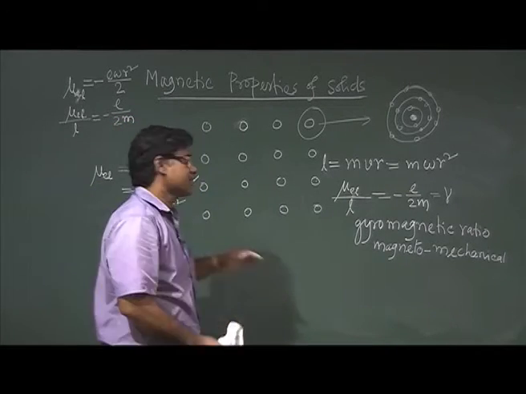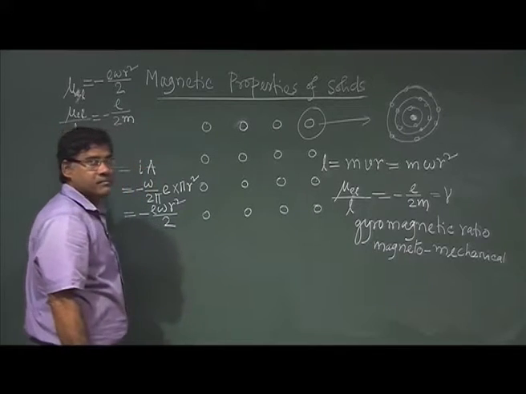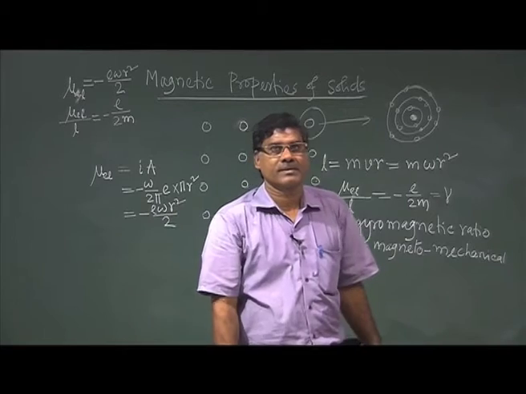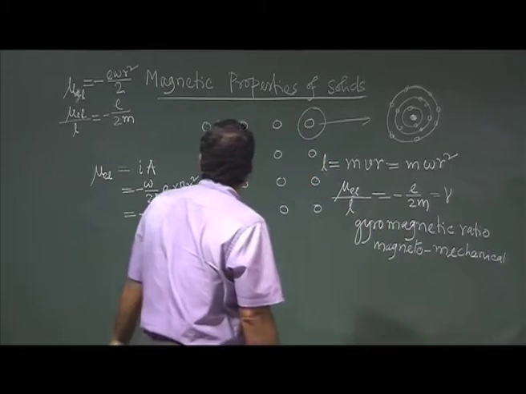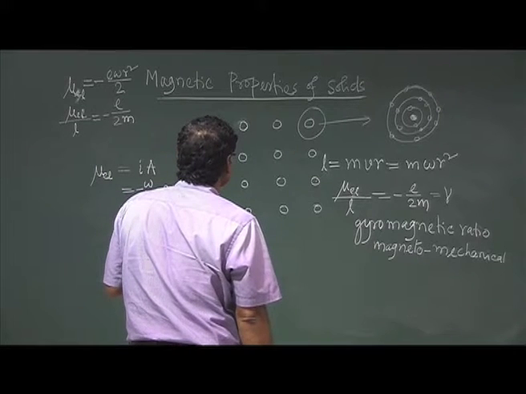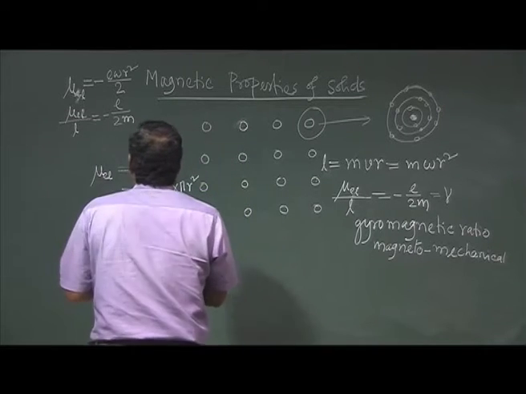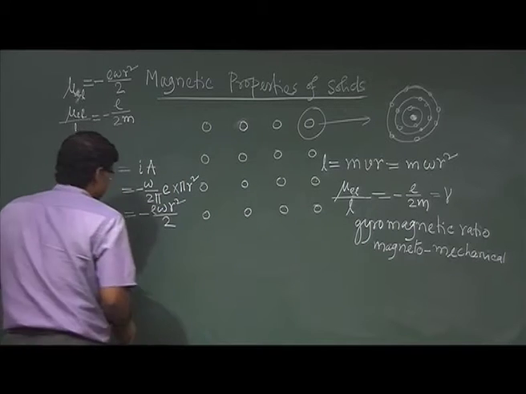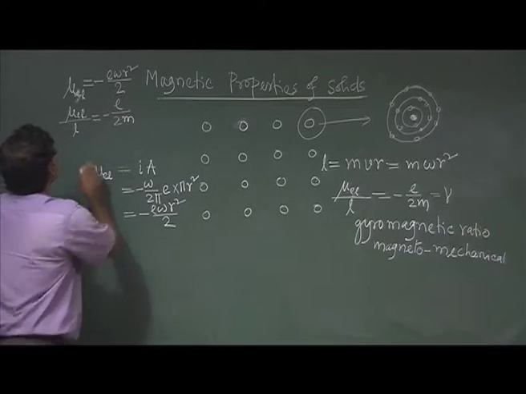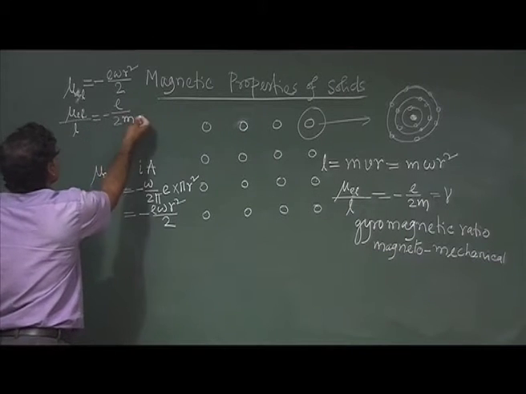This is the connection between the angular momentum and the corresponding magnetic dipole moment. So I can write this in terms of L, the angular momentum.